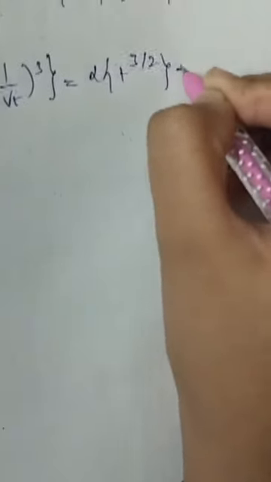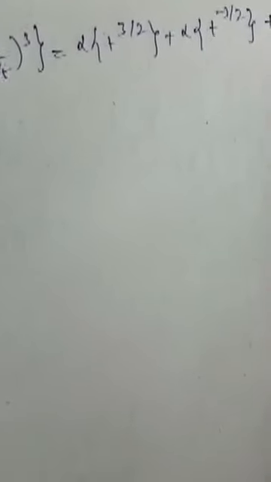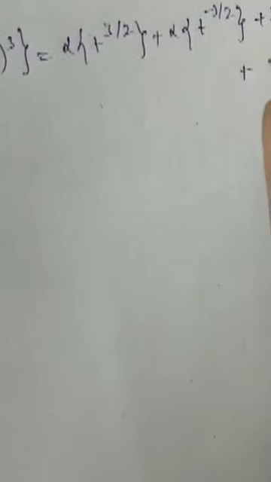Now applying the Laplace transform of root t plus 1 by root t whole cube is equal to Laplace transform of t power 3 by 2 plus Laplace transform of t power minus 3 by 2 plus 3 into Laplace transform of t power 1 by 2 plus 3 into Laplace transform of t power minus 1 by 2.